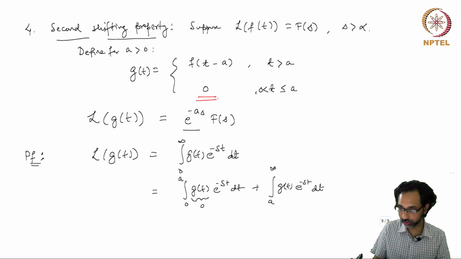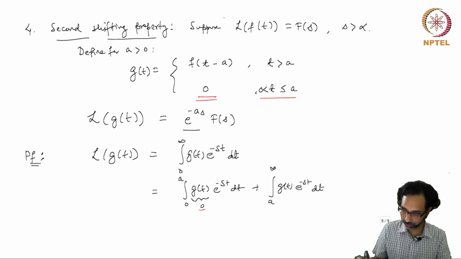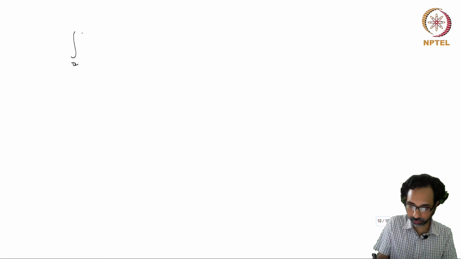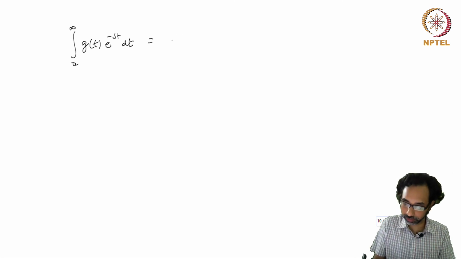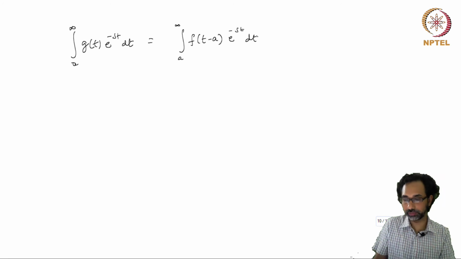This is by definition. For t in between 0 and a, this is simply 0. So we are only left with the second integral. The second integral is the integral from a to infinity of g(t) e^(-st) dt, and this is given by the integral from a to infinity of f(t minus a) e^(-st) dt.